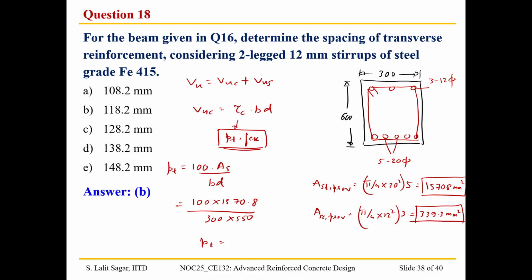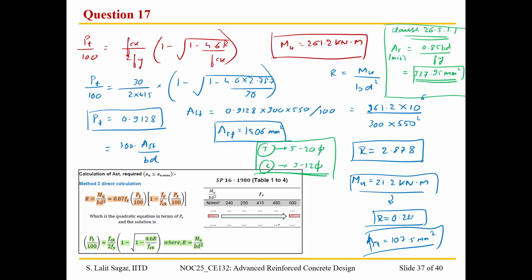Okay, thank you for the response. Yeah, 0.95 is the correct answer, 0.95%. And the grade of concrete is M30, if I'm not mistaken. Yeah, M30.